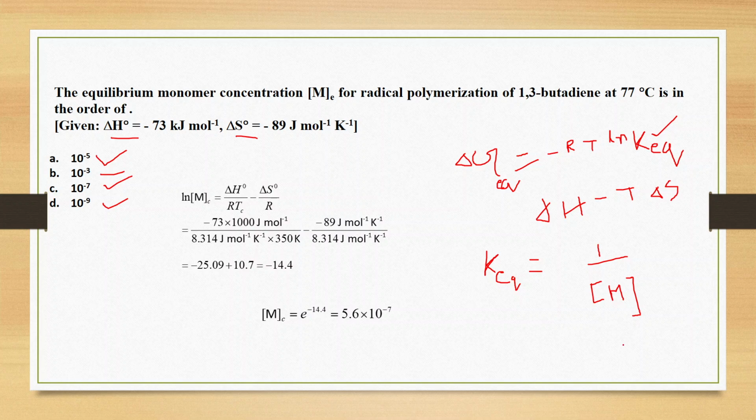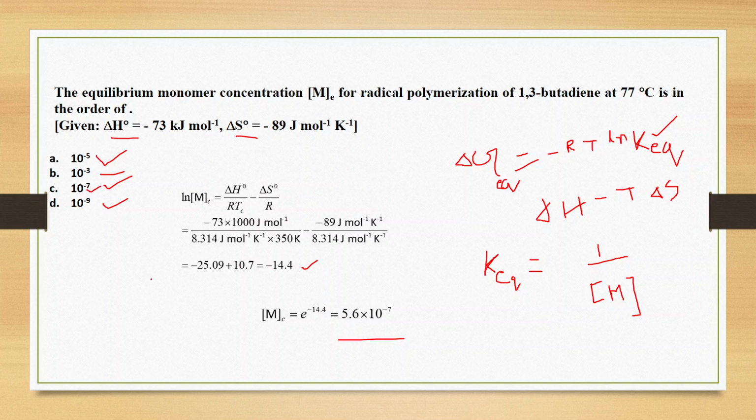So the monomer concentration will be e to the power of minus K equilibrium. You get your K equilibrium value as minus 14.4, and when you put that, you will get 5.6 times 10 to the power minus 7. So those who have answered, the correct option is C.